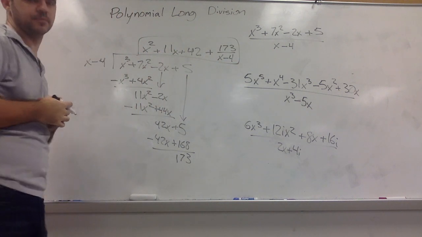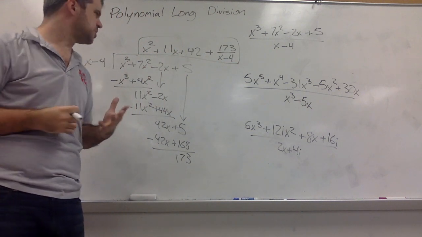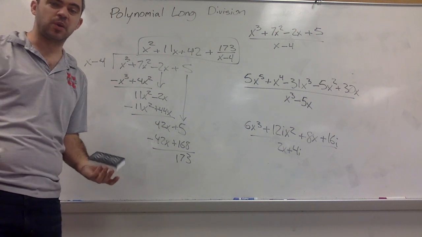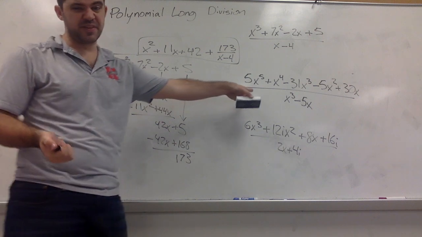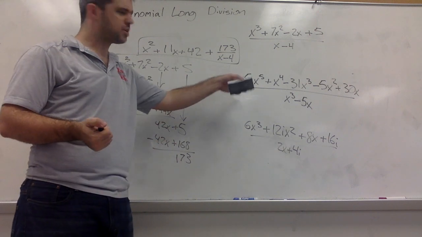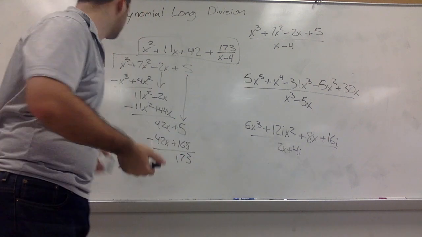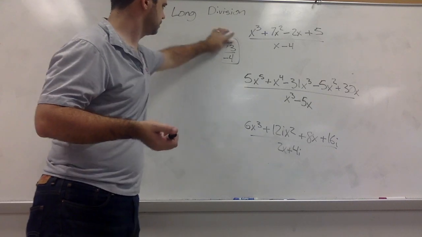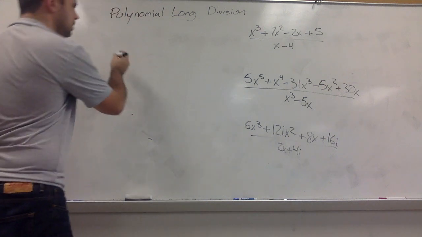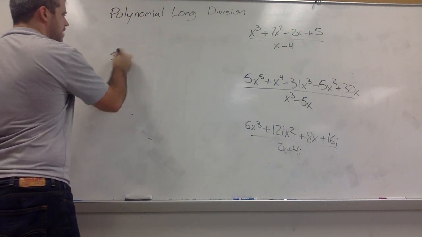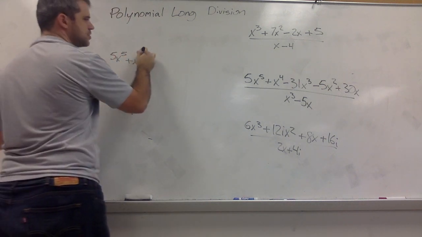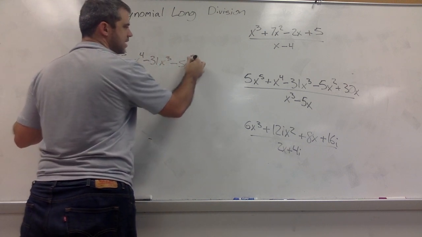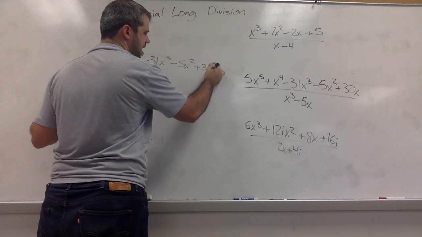Let's try a bit of a nastier problem. Because this is a problem that you'll find out later that we could have done with synthetic division, but this is a problem that we couldn't. So it's actually more important that we know how to do the hard ones than it is to know how to do the easy ones. So let's see. 5x to the fifth plus x to the fourth minus 31x to the third minus 5x squared plus 30x.